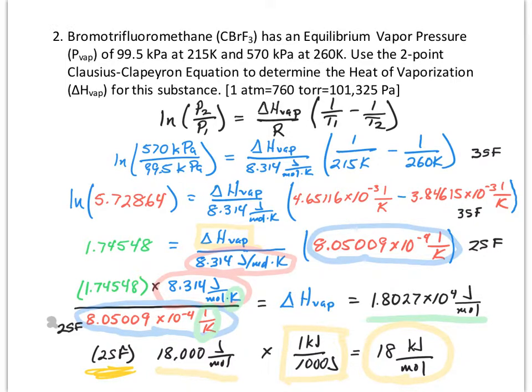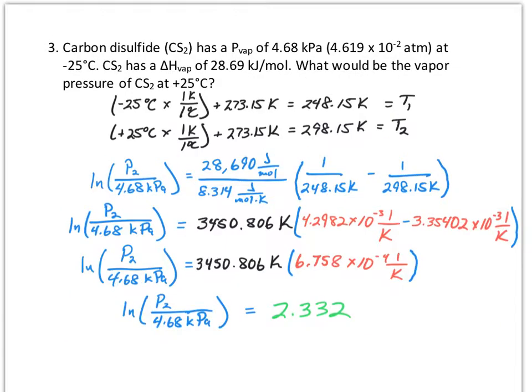Okay? So let's look at a different use of the two-point Clausius-Clapeyron equation. So in this one, we're using a substance called carbon disulfide. It has a vapor pressure of 4.68 kilopascals.